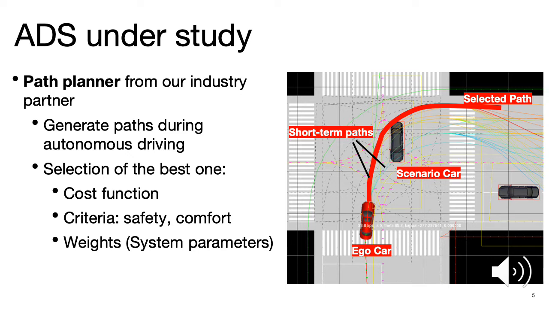But how does it select the best one? It uses a cost function to give a cost to each path and then ranks them. The cost function considers criteria such as safety and comfort, and it uses some weights to do that.